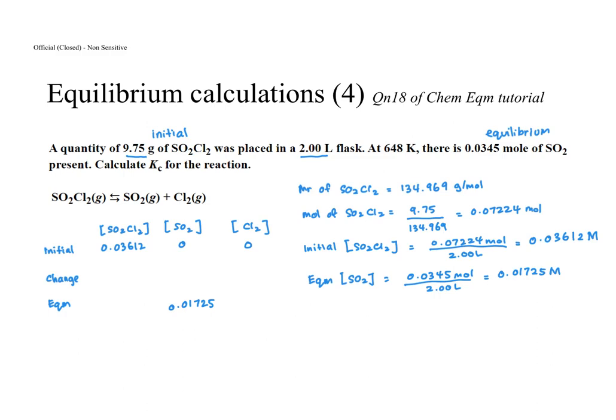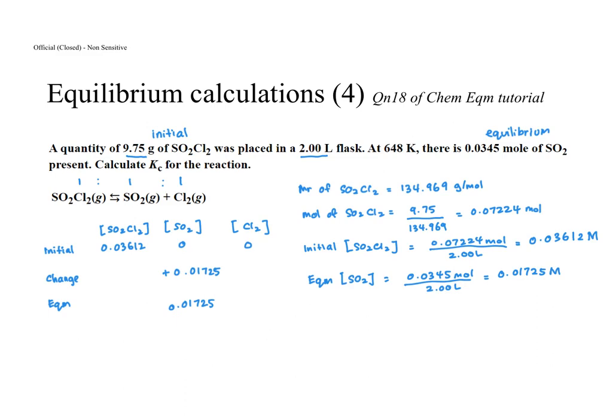So now we can calculate the change in SO2 concentration. Just take the equilibrium concentration minus the initial concentration to get the change. Now let's write the change in concentration for the other gases. So to do that, let's look at the stoichiometric ratio. The ratio of SO2Cl2 to SO2 to Cl2 is 1:1:1.